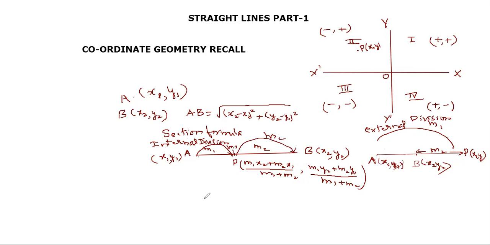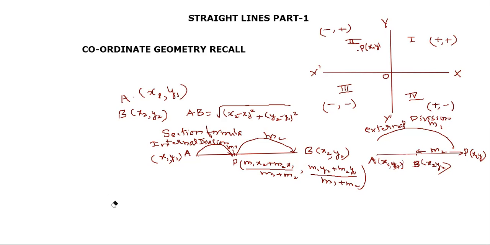This is not the actual distance; it can be any value m1, m2, but it is a ratio. So the coordinates of point B are this one, and point P is x and y. Therefore, what will be the value of x and y?